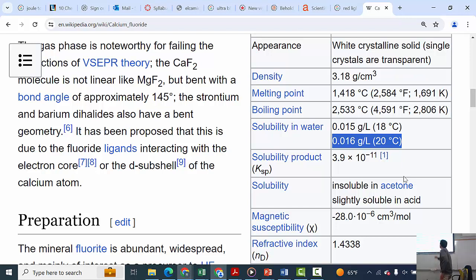And so if it's 0.016 grams per liter, does that mean it's soluble? We can dissolve 16 milligrams in a liter. Would you consider that soluble, slightly soluble, or insoluble? What's the cutoff? Somebody remind me what the cutoff is between soluble and insoluble.